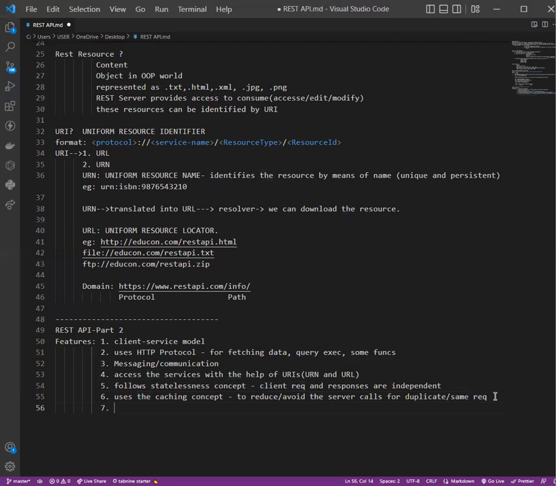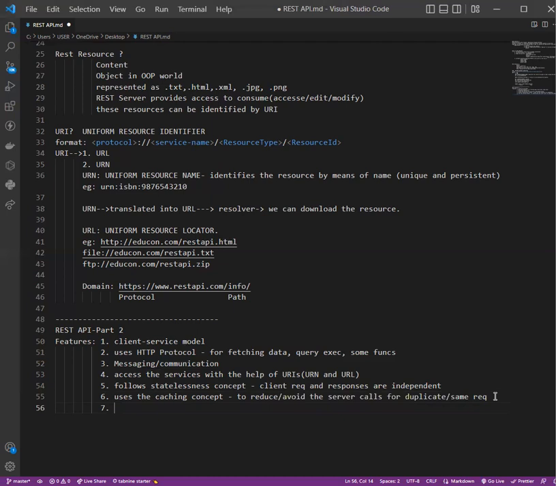Seven, we can also say that these RESTful web services can also use SOAP services as an implementation protocol to the REST architecture pattern.